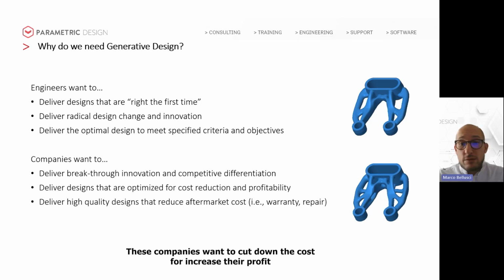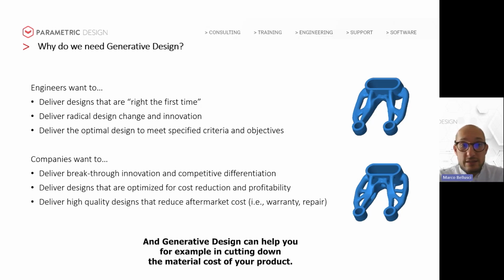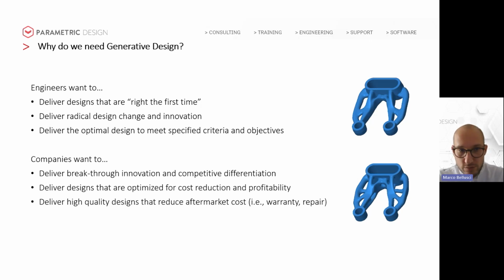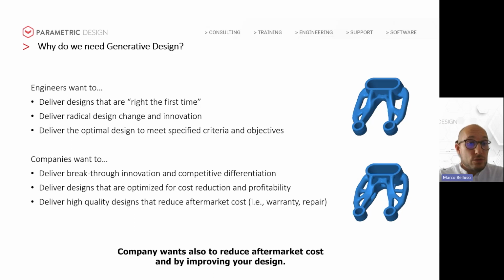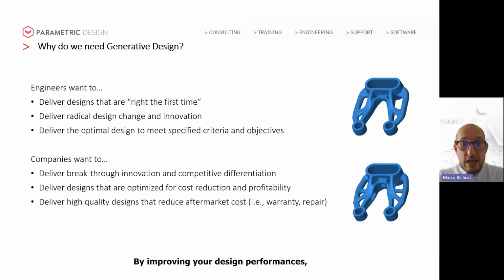Companies want to cut down the cost to increase their profitability. And generative design can help you, for example, in cutting down the material cost of your product. Companies also want to reduce aftermarket cost, and by improving your design performances, you can cut down the warranty and repair cost of your product.